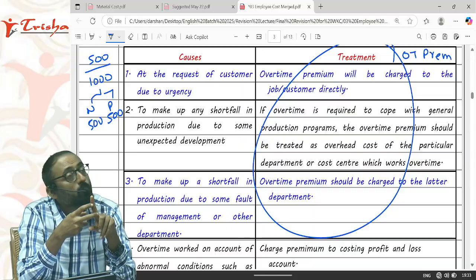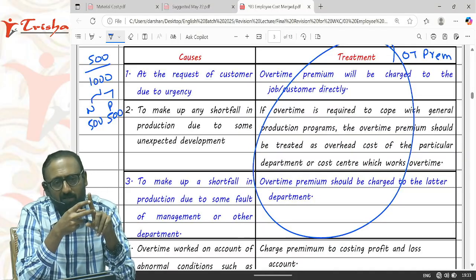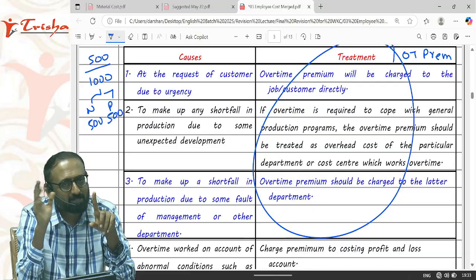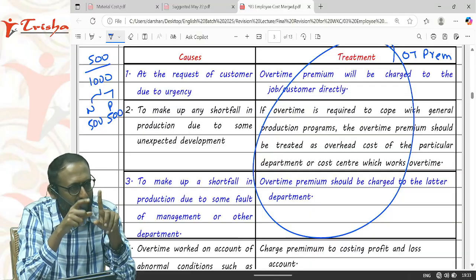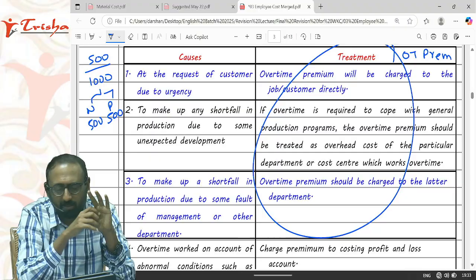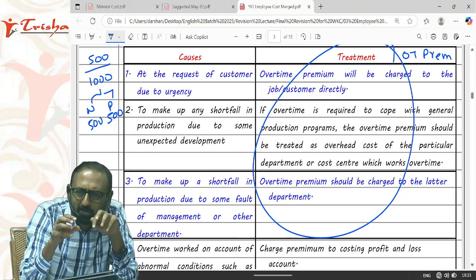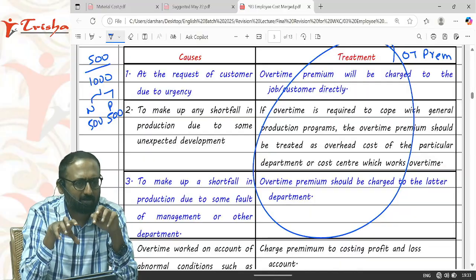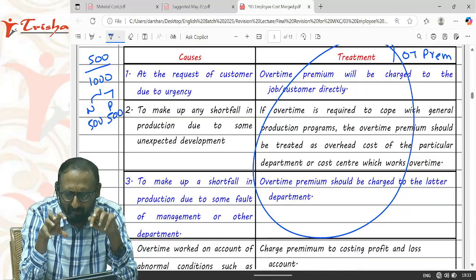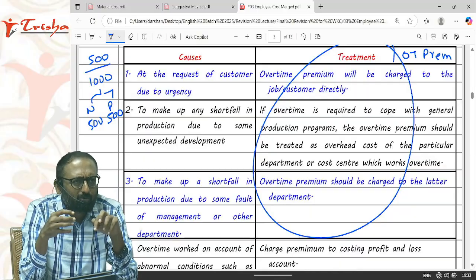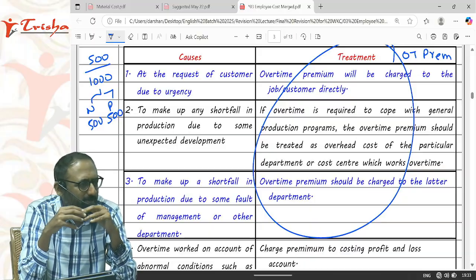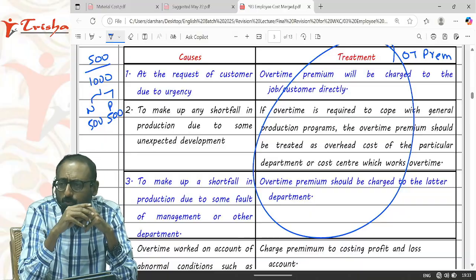Overtime done because of the fault of another department, purchase or sales department fault, charged to that department which is in default. Overtime done normally to cater to demand, or casually to increase your production speed, transferred to overheads.